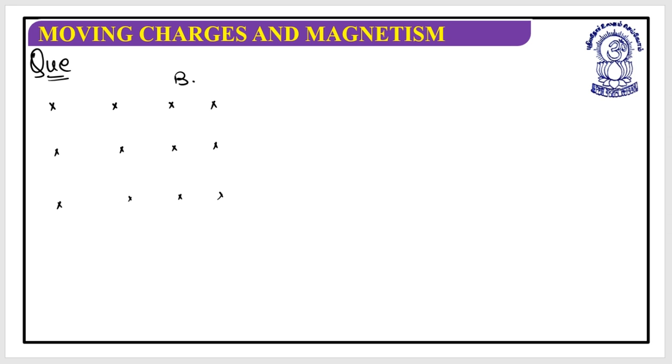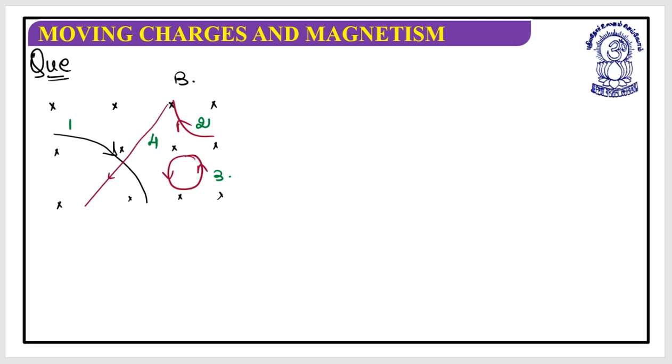Let's say one of the particles is moving like this, another particle is moving like this, one more particle is moving in this direction, one of the particles is moving in this direction. Let's give them a number: first, second, third and fourth.